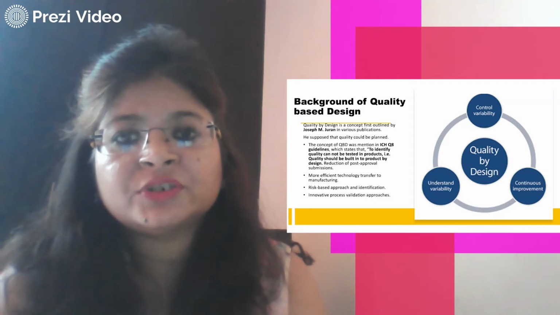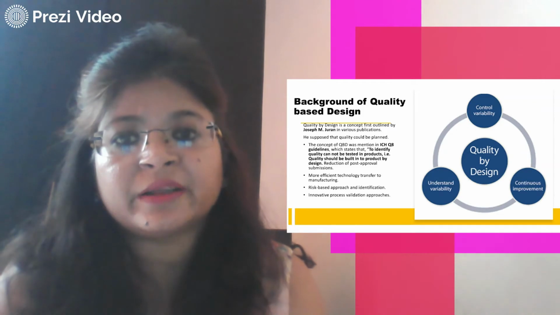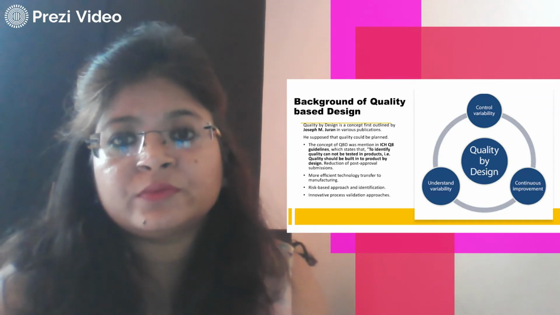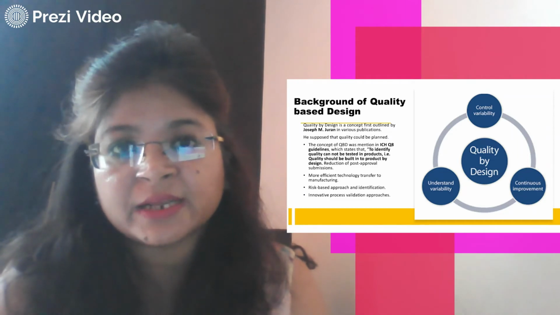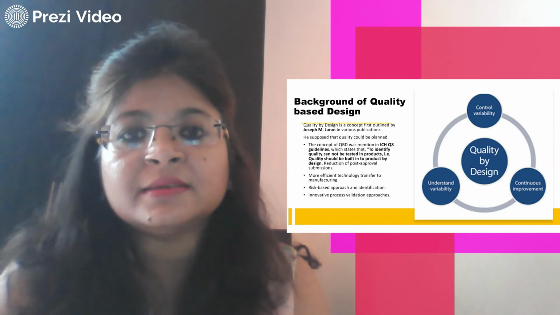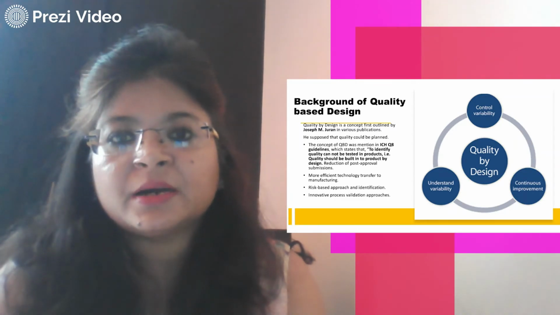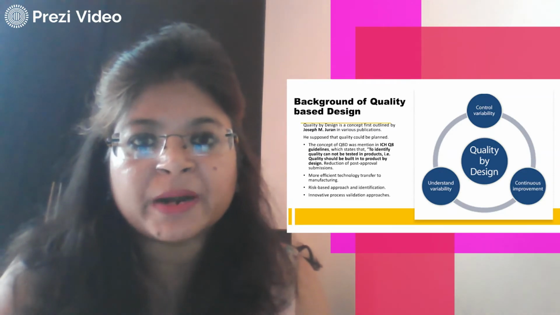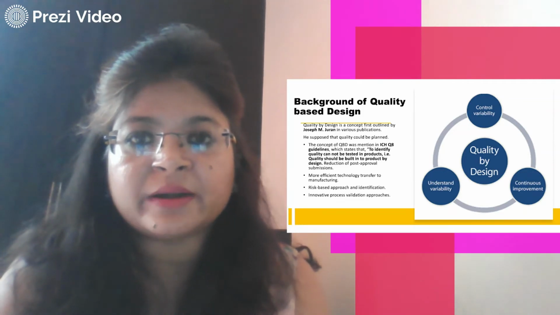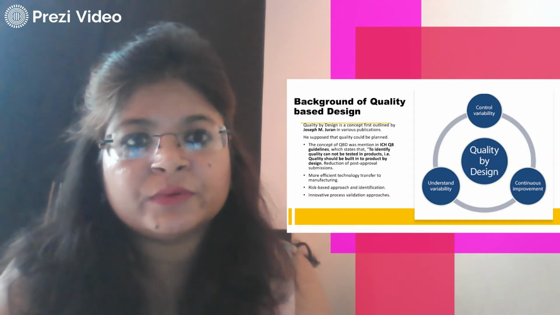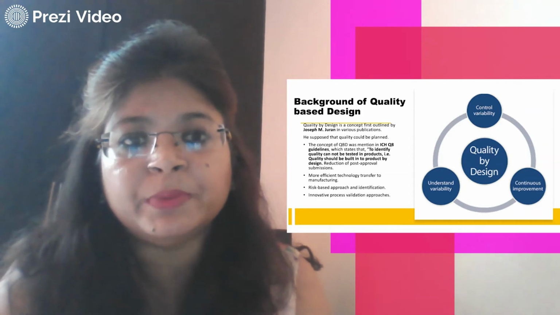The reason which the quality gurus found is that quality is one of the major critical factors to allow any organization to stand at the global level, and it was realized much later on. So once this concept was identified, efforts were made to learn what can be the better approaches to improve the product quality and to make the company stand at the global standards. So quality was considered as something which has to be built into the product.